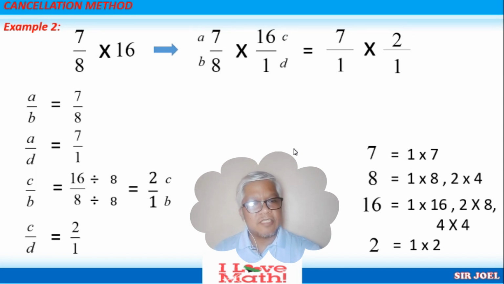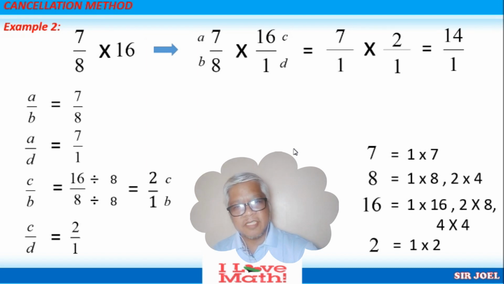So, time for us to multiply the numerators over the product of the denominators. So, what is 7 times 2? The answer is 14. What is 1 times 1? The answer is 1. So, ang sagot ngayon ay 14 over 1. Kanina, if you look at the problem, 16.